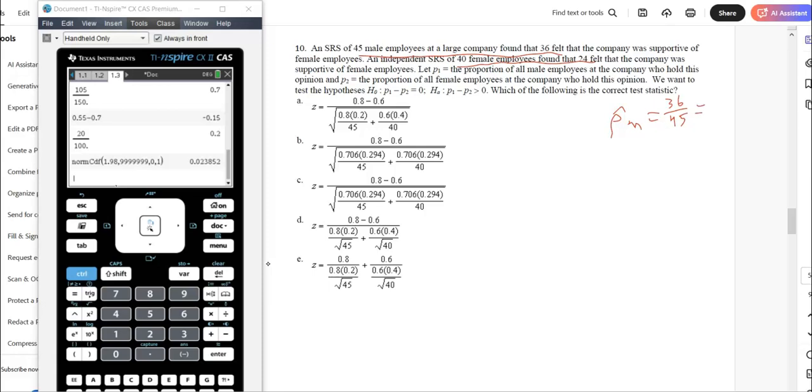Let's type it in, 36 divided by 45, which is 0.8. So I see where that comes from there. And the p hat for women is 24 out of 40.